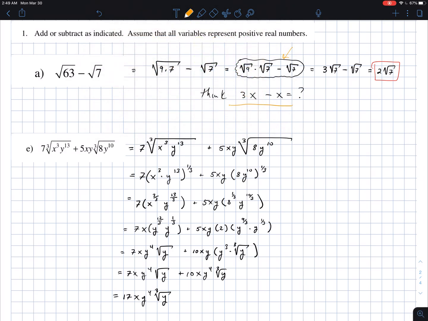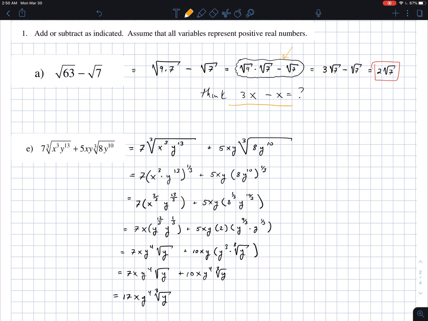Next problem, 7 times the cubed root of x cubed y to the 13th plus 5xy cubed root of 8y to the 10th. So in the first part, as you can see, all I did was rewrite it. Nothing big.